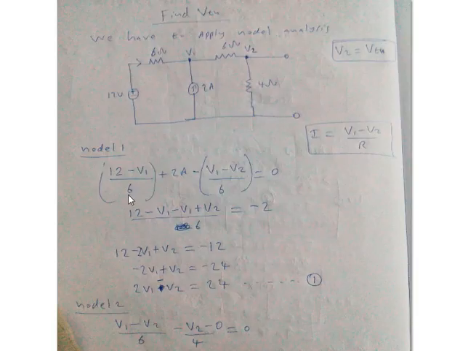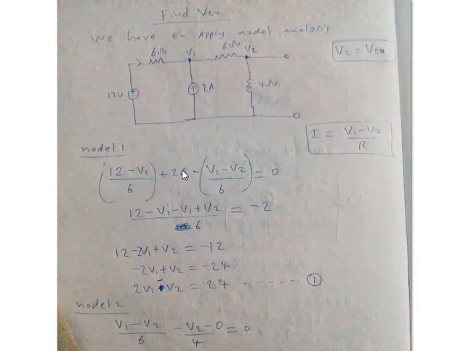So we put 12 minus V1 divided by 6. And from this node to this end, it is anti-clockwise. You can see that the 2A is anti-clockwise, so we have to directly put it as 2A.